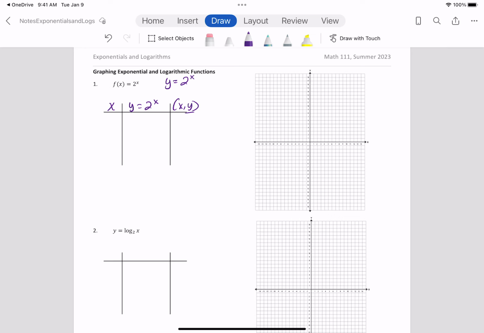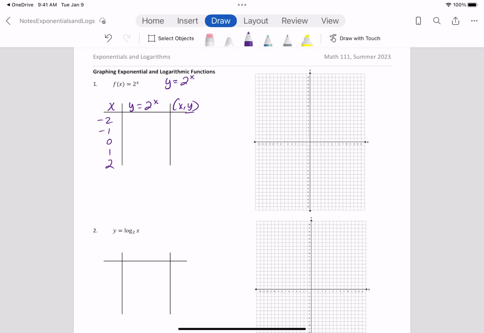Exponentials do have that trait, so to keep them on our coordinate plane, we're going to want to keep the numbers within a smaller range. We do want to use 5 values for x here. So normally we're just going to pick -2, -1, 0, 1, and 2, just to try and keep this exponential within range, okay?